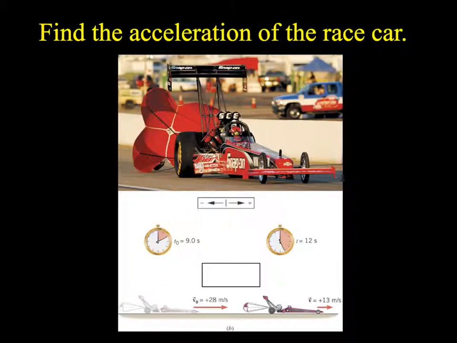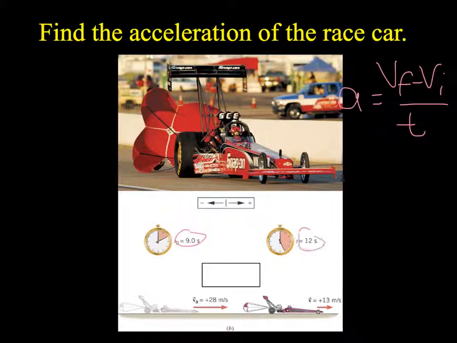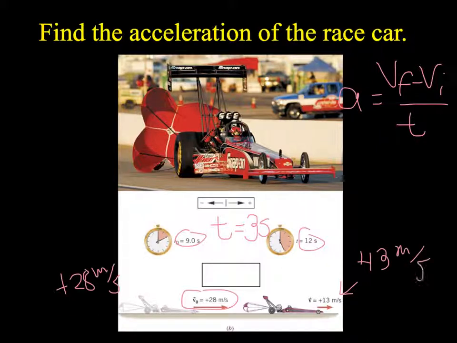So we're about to wrap up acceleration, but remember, your acceleration is really just your final velocity minus your initial velocity over time. If we look at this example, it goes from 9 seconds to 12 seconds, which is a total of 3 seconds. The initial velocity is a positive 28 meters per second, and the final velocity is a positive 13 meters per second.